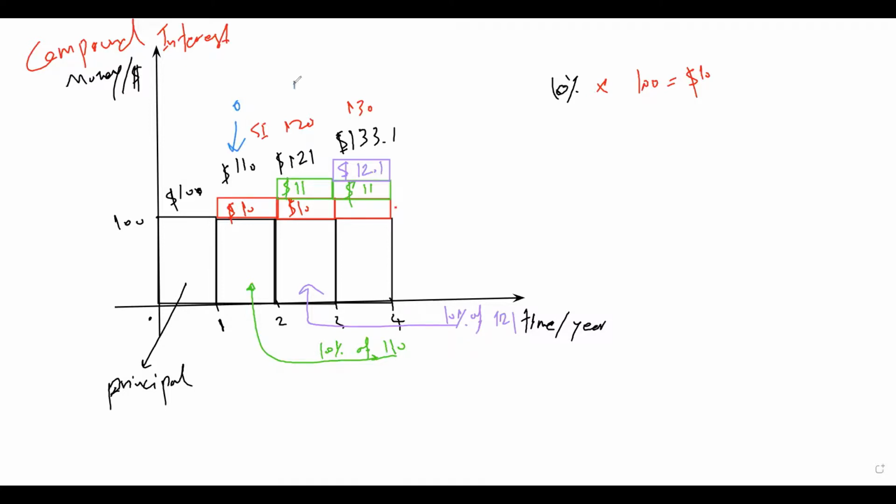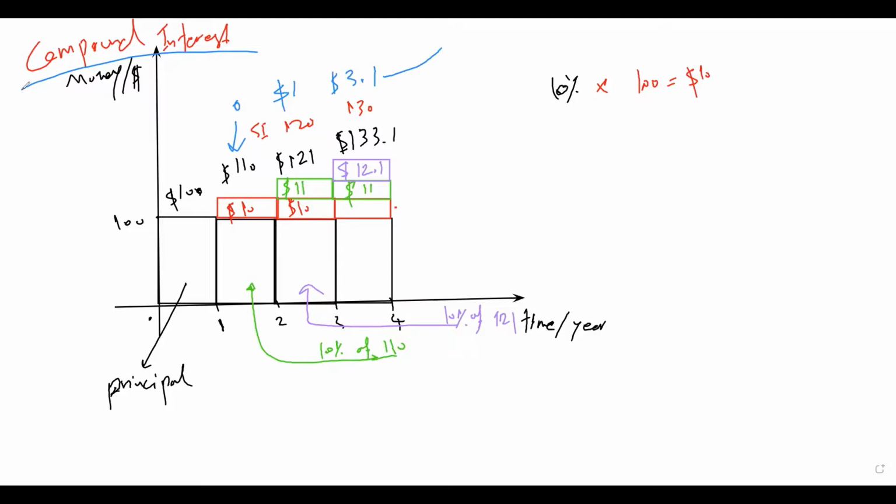However, we have a difference of $1 here, here $3.10, and it keeps growing, right? And that's actually what happens in our bank account. They don't calculate it based on simple interest. They give us the compound interest, which is more beneficial.